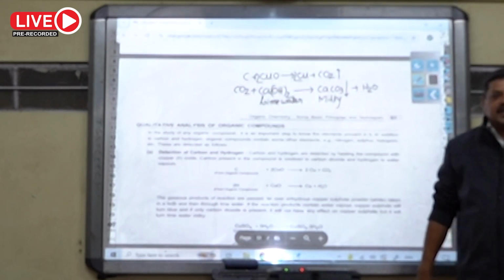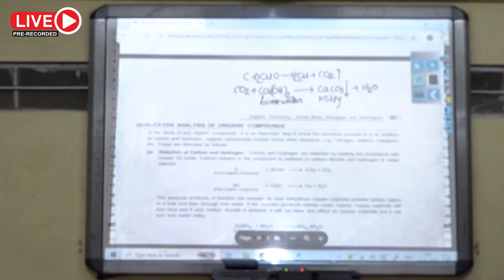So very simple. Whenever you want to detect carbon, the given sample is heated with what? Cupric oxide. The carbon is oxidized to carbon dioxide. Carbon dioxide is easily detected by turning the lime water milky.